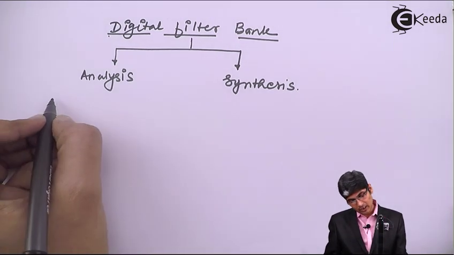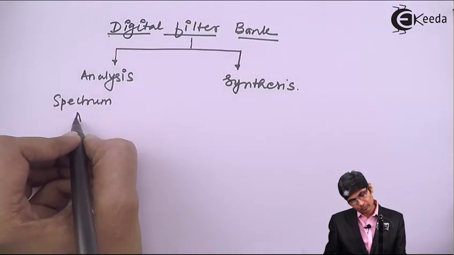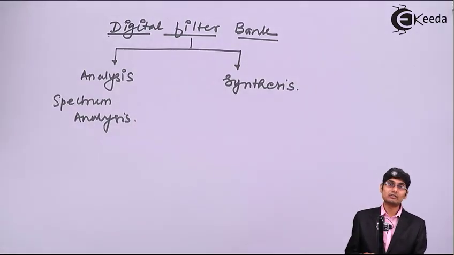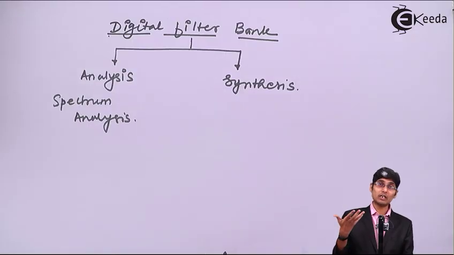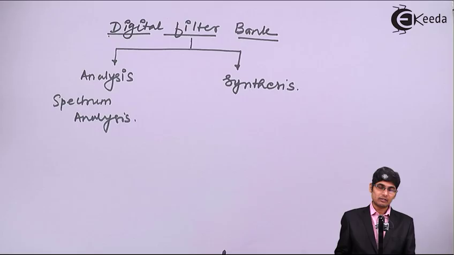If I want to analyze the spectrum, we can do spectrum analysis, or we can see how many components are there in x of n and so on, or we can break down x of n, one input signal, into many output signals.